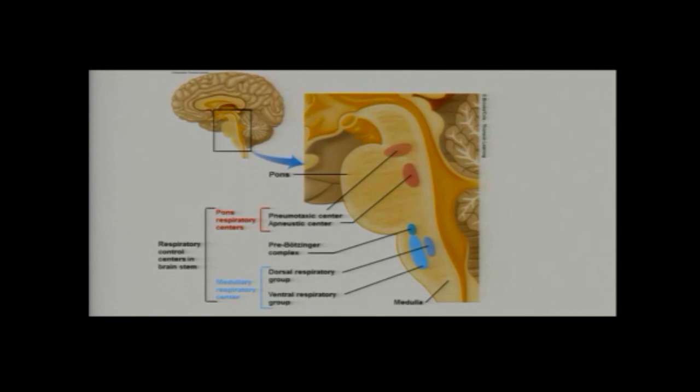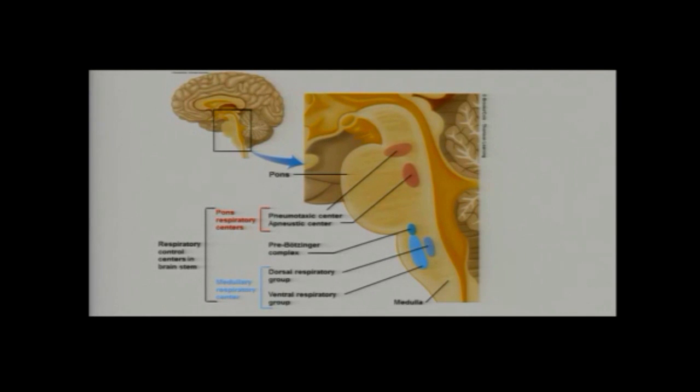And then what the pre-Botzinger complex does is maintain or control the rhythmicity of breathing. It controls the respiratory rate. Okay. So the direction of control starts at the pre-Botzinger complex.